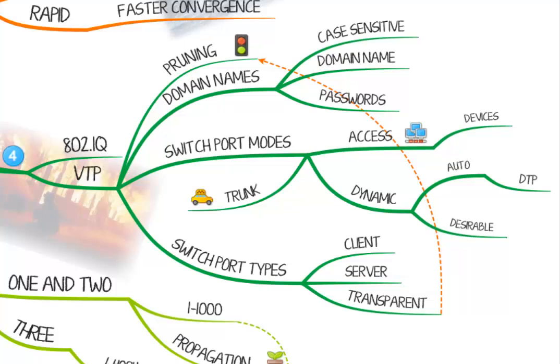So it's a convenience tool, and it's set up where you have to make a domain name, a VTP domain name. You can protect your VTP domain with passwords. In fact, it's recommended, because if you don't, VTP can become a fire inferno.